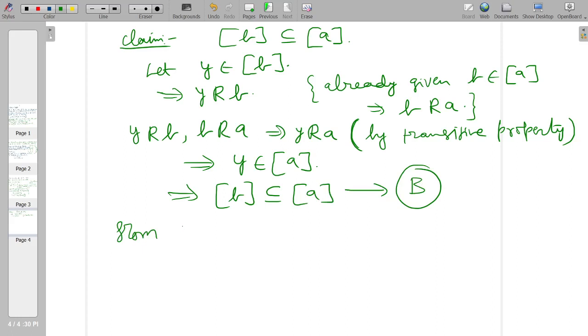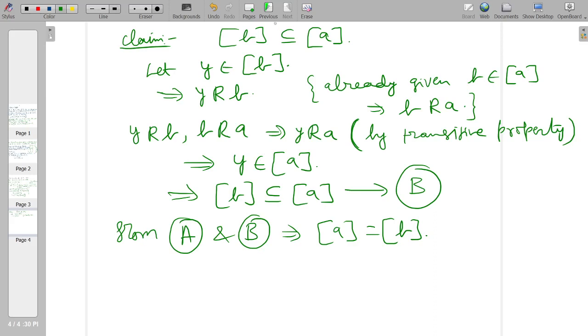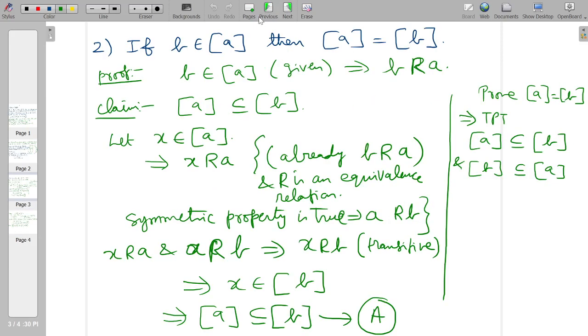So when I combine these two equations, A and B, we get equivalence class of A is equal to equivalence class of B. So if B is an element of equivalence class of A, then equivalence class of A is equal to equivalence class of B. This was property 2.